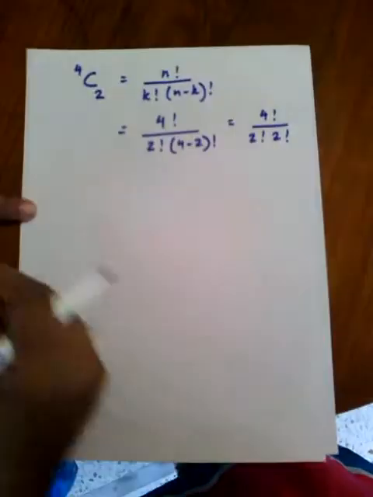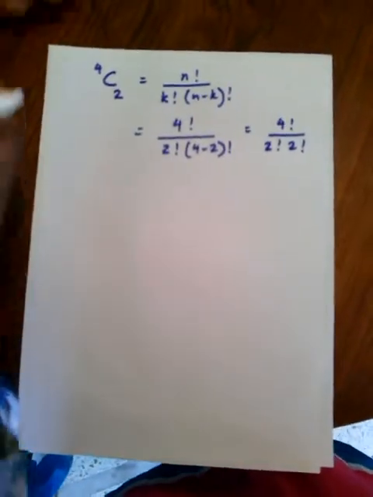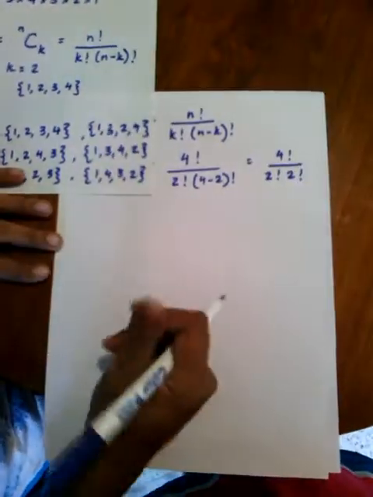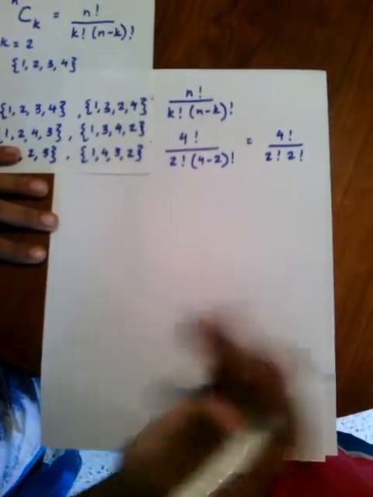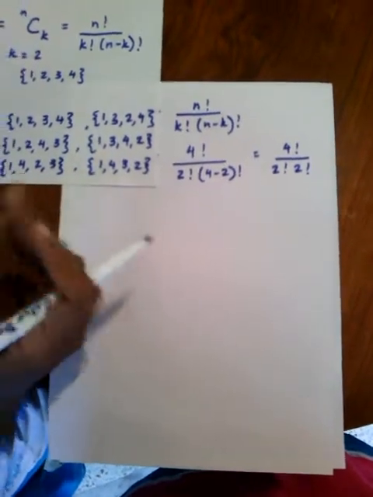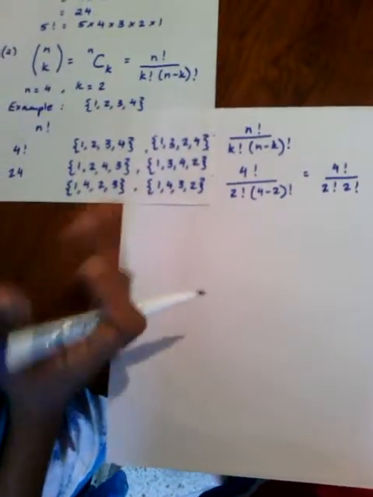So 4 factorial is the number of combinations of any of these 4 objects. But if you choose 2, you have to divide by 2, because there are 2 ways of choosing those 2. You can say, I choose 1, 2, but there are 2 ways of choosing 1, 2: it's either 1, 2 or 2, 1.